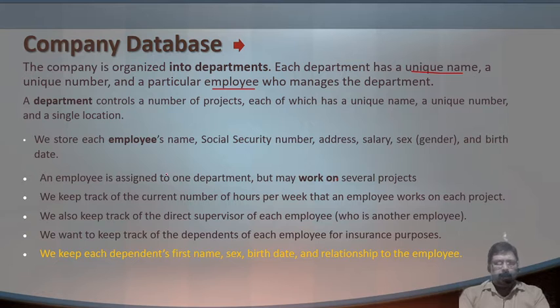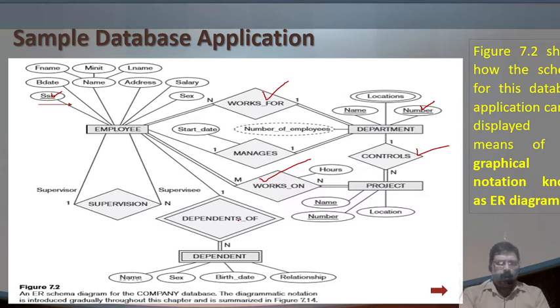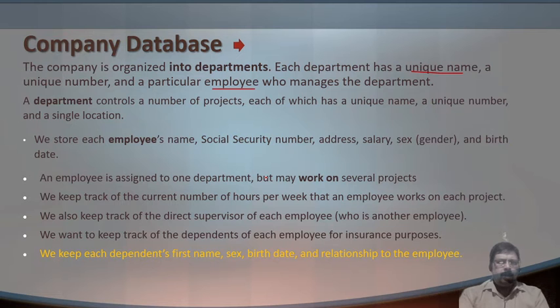That relationship is shown here in the ER diagram, and we are also keeping track of the current number of hours per week an employee works on a project. That we described using a works on table in our practical.